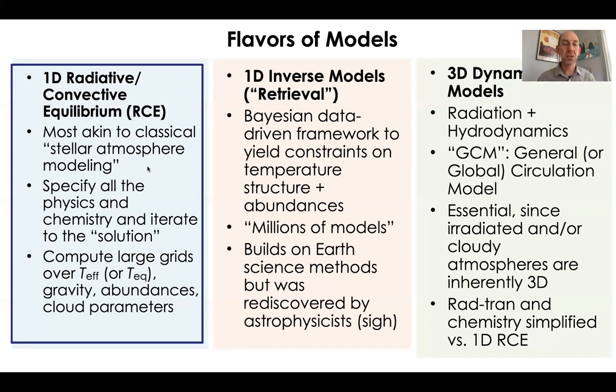And you might do this over a grid of effective temperature, gravity, cloud abundances. And once you make a grid of a wide range of atmospheres at different temperatures, gravities, and compositions, you could then compare the resulting spectra to what you see. This is different from other forms of atmosphere models like retrieval and 3-dimensional models.